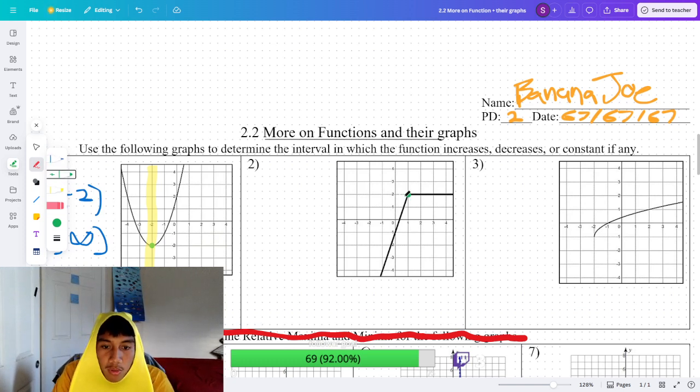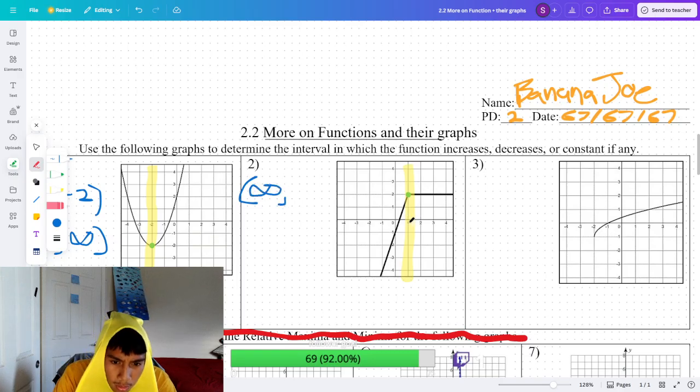Again, we graph the point in which the direction of the graph changes, and then Banana Joe starts to graph after he draws his imaginary line with a highlighter. So, reading the graph left to right, Banana Joe determines that it actually goes from infinity onto what appears to be 1.